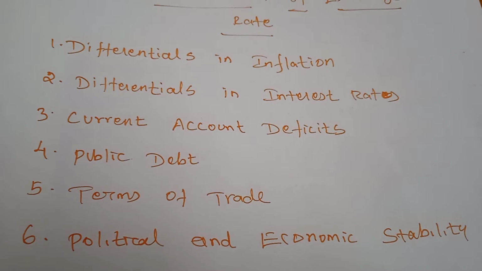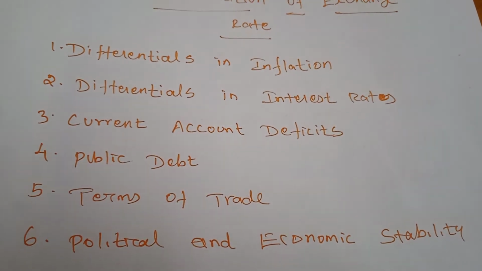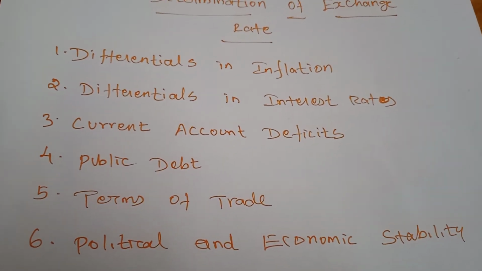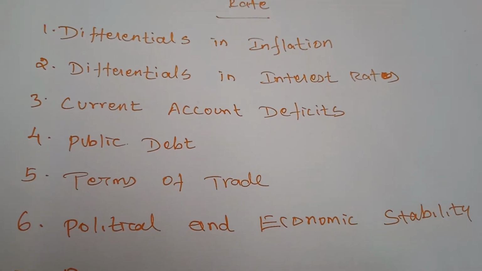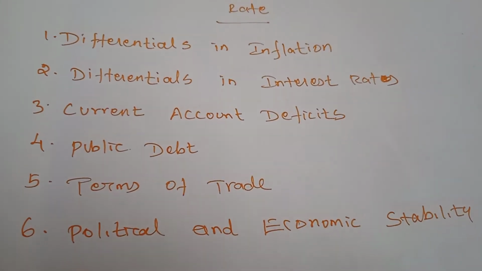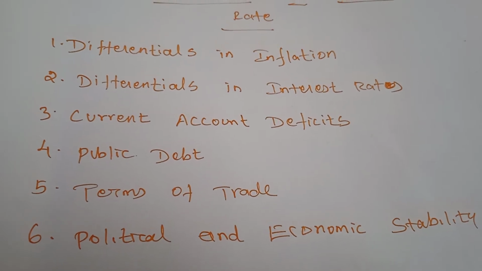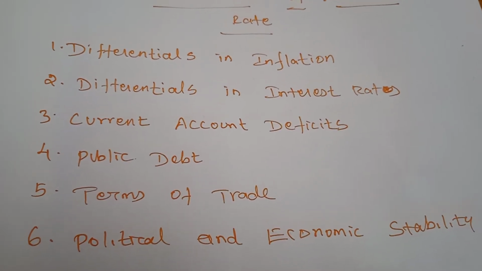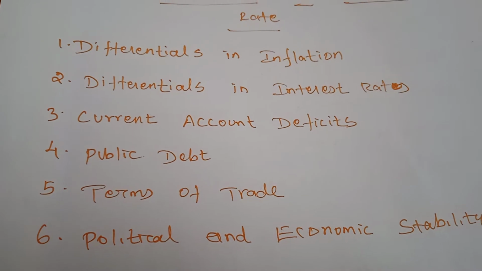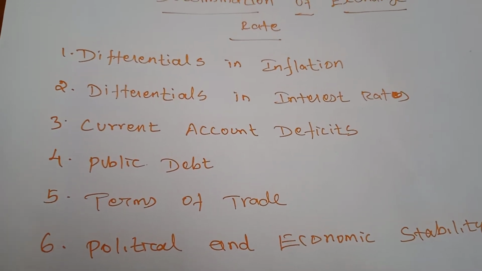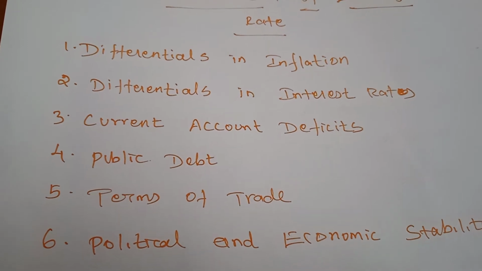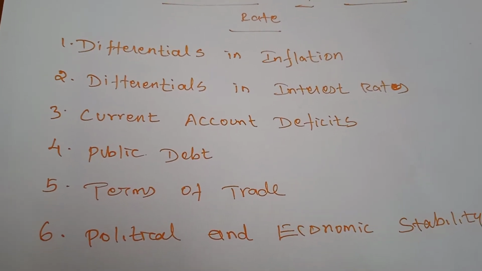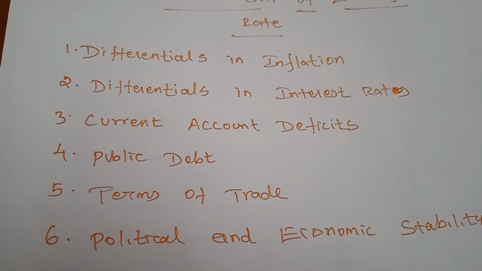Because of that, we will get a lower exchange rate, because the value of money may be very low. Even if we make more effort to increase exports, we cannot do it. And because of that, foreign direct investment will also decrease. So on the basis of public debt also, our exchange rate may be reduced.